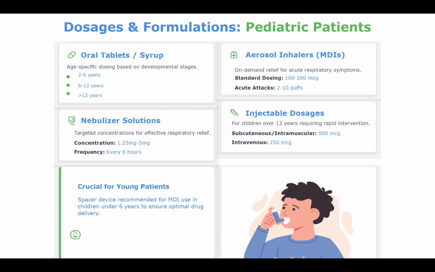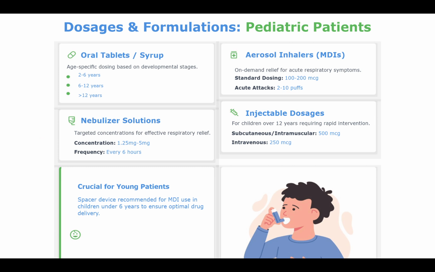For children aged 2 to 6 years, the dose is 1 to 2 mg or 2.5 to 5 ml 3 to 4 times daily. For 6 to 12 years, 2 mg or 5 ml 3 to 4 times daily, maximum 24 mg per day. And for those over 12 years, 2 to 4 mg 3 to 4 times daily, maximum 32 mg per day. Extended release forms are avoided under 6 years.